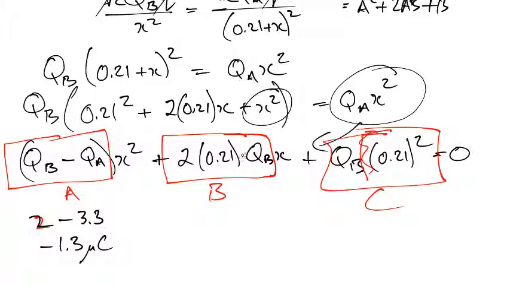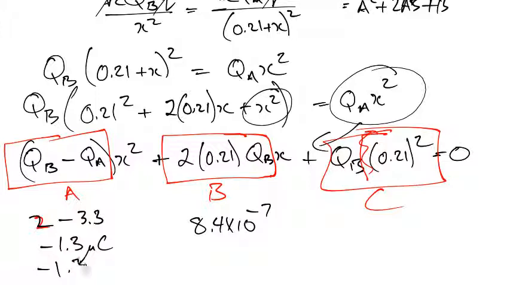And for this one, let's work it out here. Trusty RPN, and we go 2, enter, 0.21, times, and QB is 2EE6 negative, times. Now we're going to get 8.4 times 10 to the negative 7 for this one.